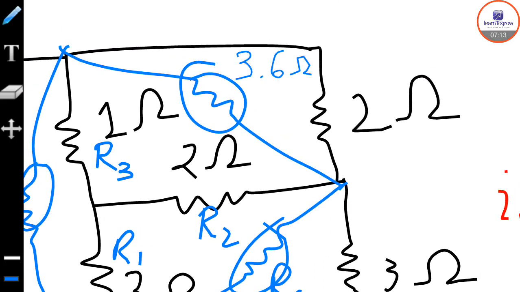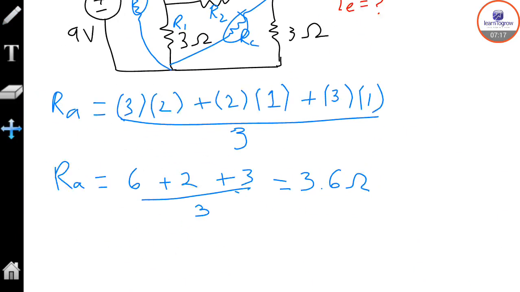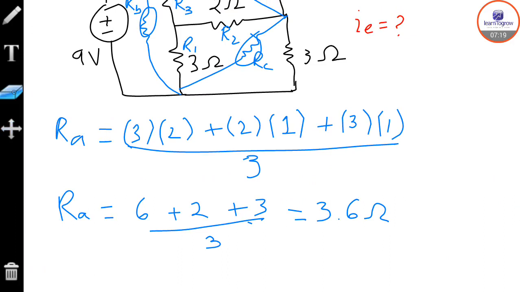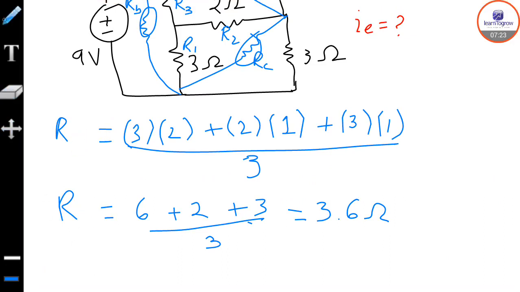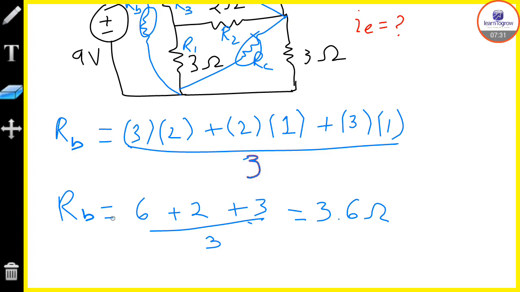3.6 ohm. Okay, now for RB, only the denominator will change according to the formula.